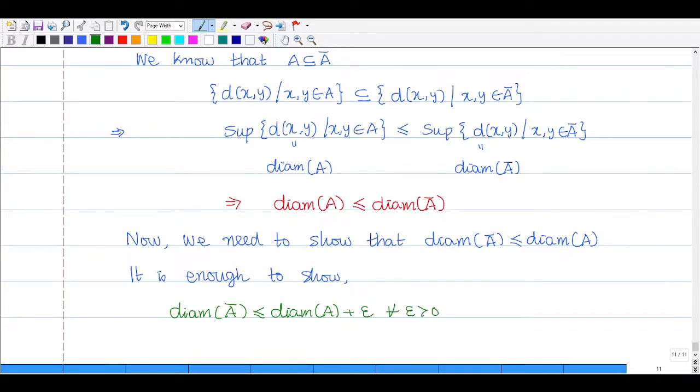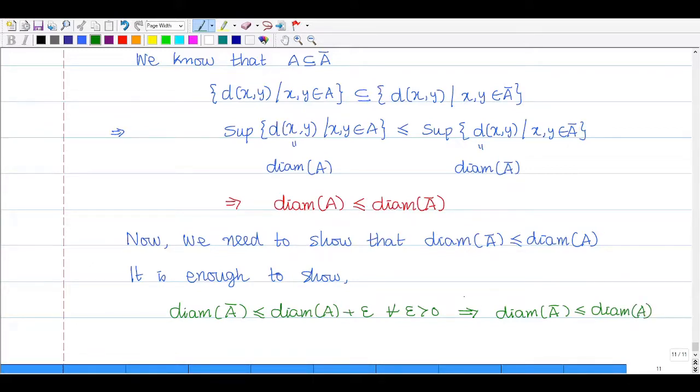Okay, இதை சொன்னா போதும், இதை சொல்லிட்டா போதும், then this implies that diameter of A closure which is less than or equal to diameter of A இப்படின்னு வந்துரும் அப்படின்னு நான் சொல்ல போறேன்.